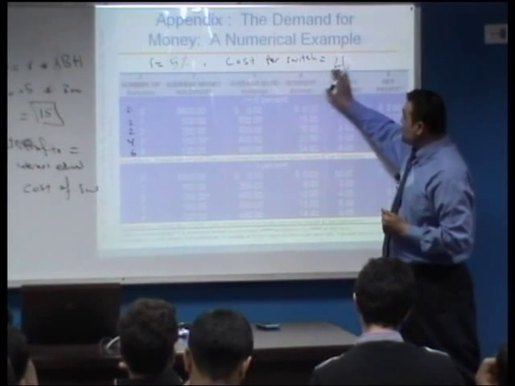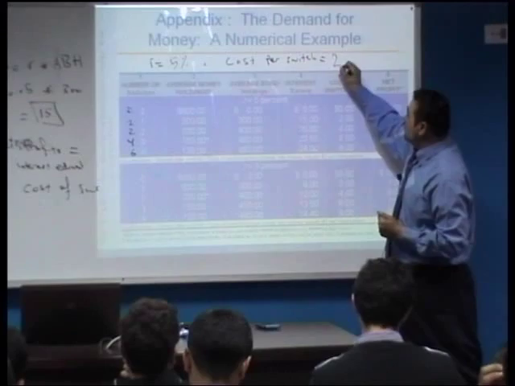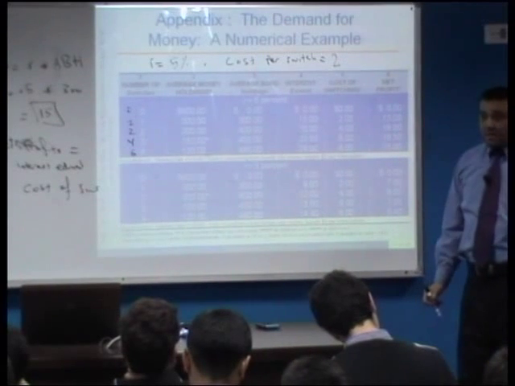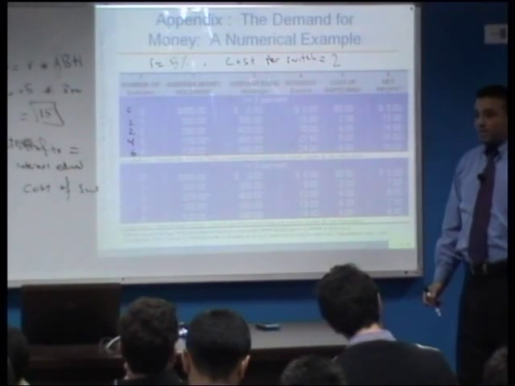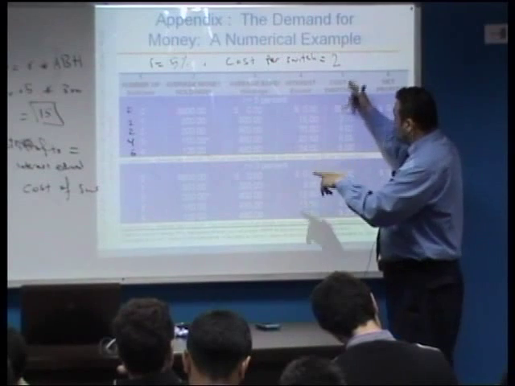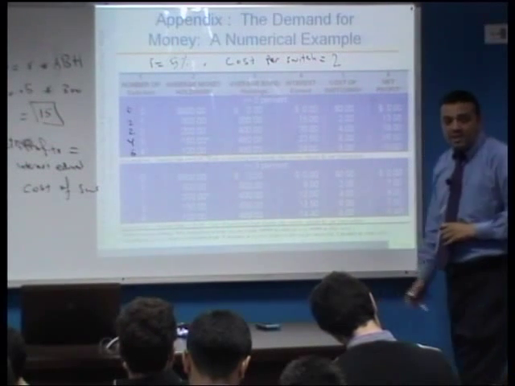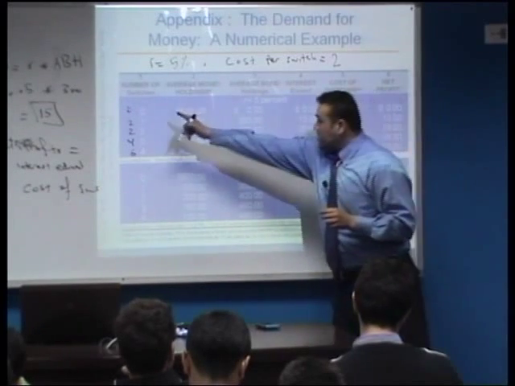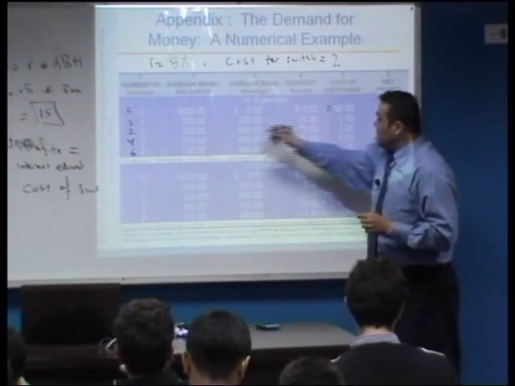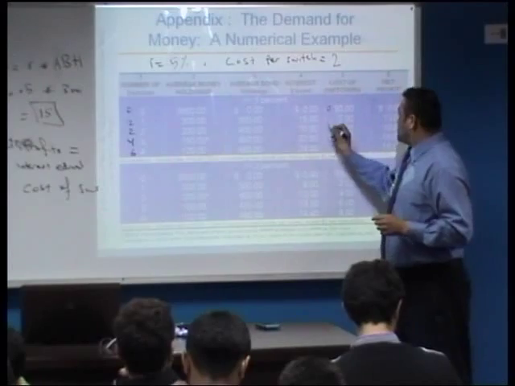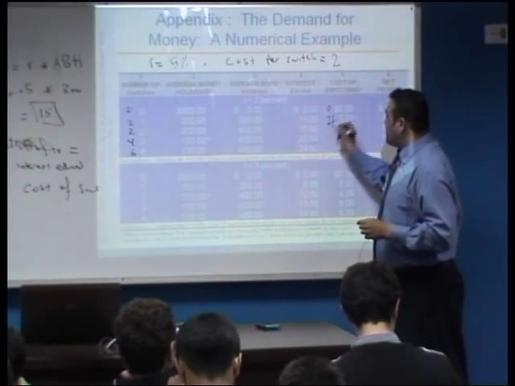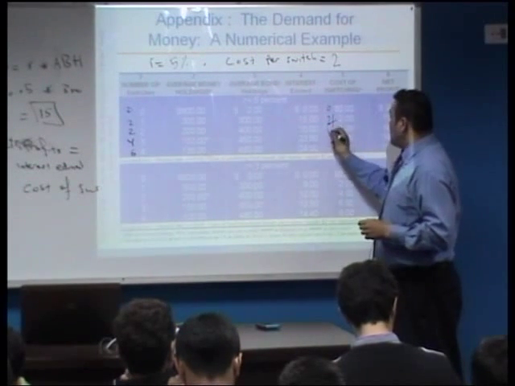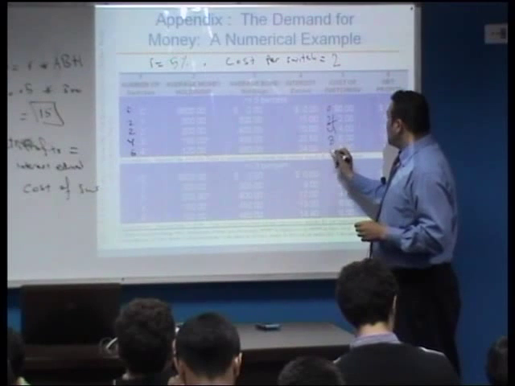In our assumption, the cost per switch equals 2. So let's calculate the cost of switching: 0 times 2, 0. 2 times 2, 4. And then 4, 8, 12.